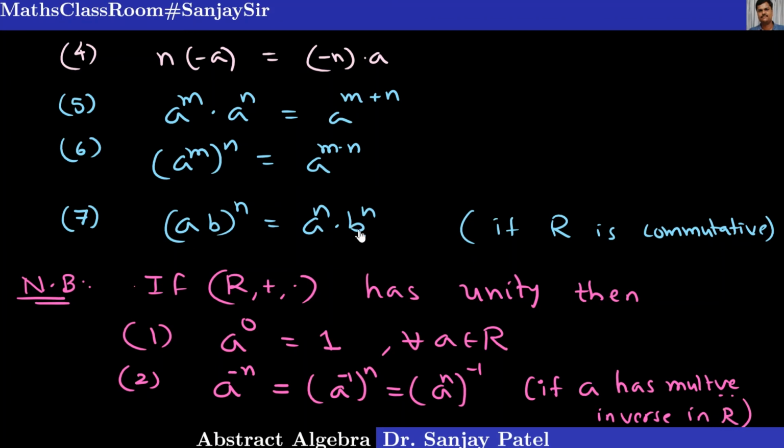So in a ring with unity, we can write down these results, and for the second result we need an additional condition that a is a unit element of the ring. Unit means something which has a multiplicative inverse.